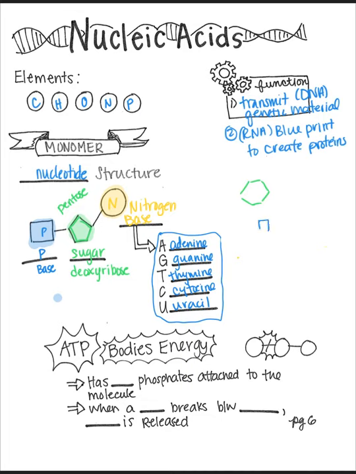So you have a base, you have a sugar, and then you have your nitrogen. And your next nucleotide is bonded like this. So really what's bonded together is your sugars and your bases. And when I say base, I'm talking about the nitrogen base, not the phosphorus base. So the nitrogen base.